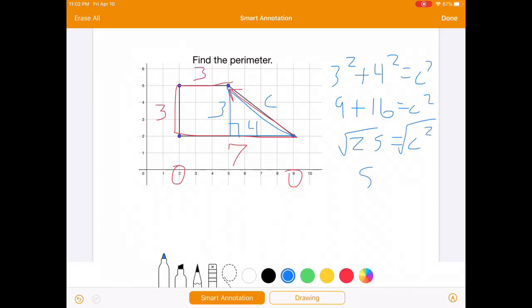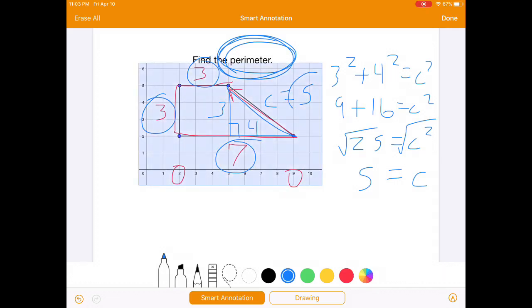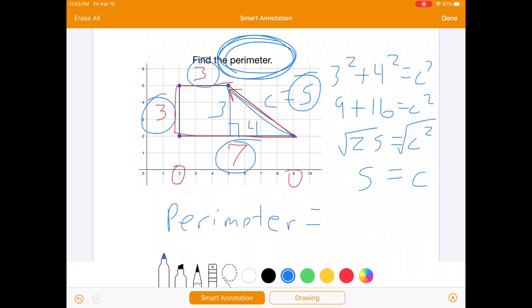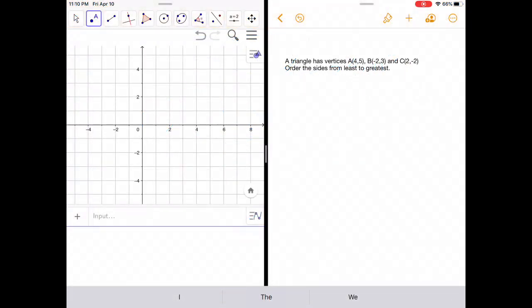The square root of 25 is 5. So our c is 5, but don't forget, we're looking at the perimeter here, not just that side. So we're looking at 3 plus 3 plus 7 plus 5. So we're looking at a total perimeter of 18.